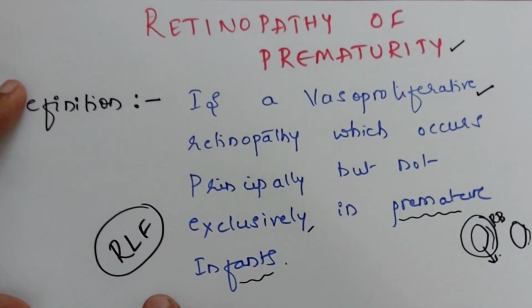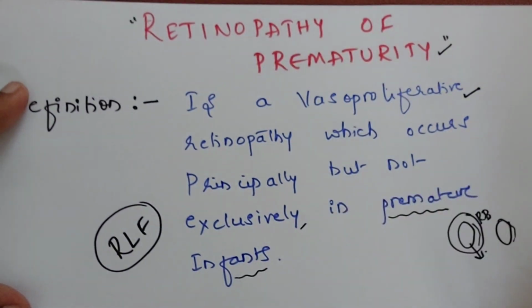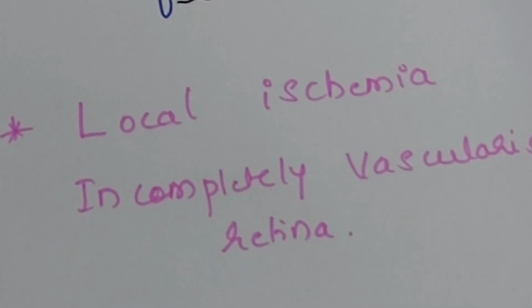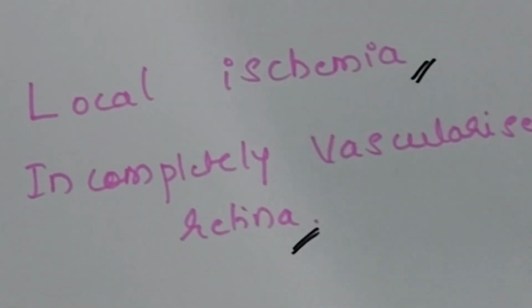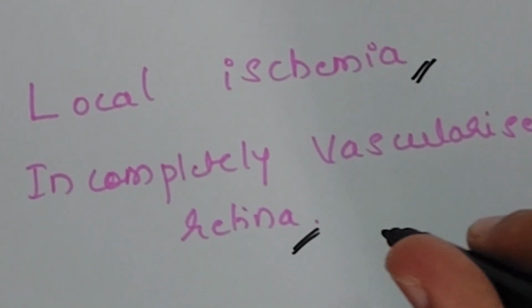But this is the end stage of the disease. There are so many events happening in the retina of the premature baby, hence it is now broadly termed retinopathy of prematurity. Two things are needed to produce ROP: first, there must be local ischemia in the retina, and second, an incompletely vascularized retina. If the retina is well vascularized and there is local ischemia for some time, ROP may not develop.